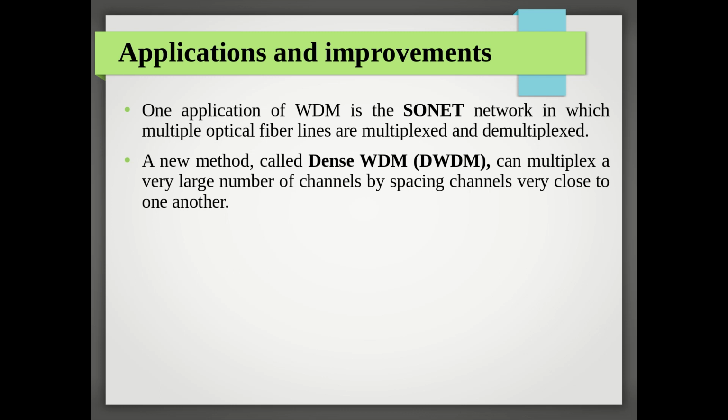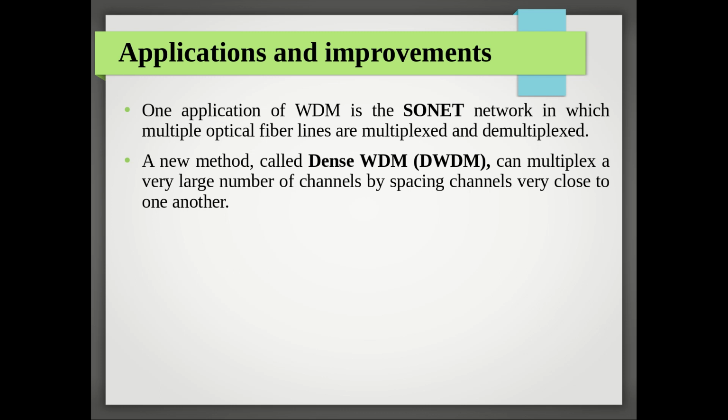And dense, of course, the word itself says that you are trying to combine many. In the previous case we saw that 10 gigabits per second lines were combined and experimented on by Bell Laboratories, and currently we have 160 such carriers that can be combined together. As you combine more and more channels, it becomes more and more dense. You know this term, right? Dense and sparse. Sparse, S-P-A-R-S-E, is just the opposite of dense.